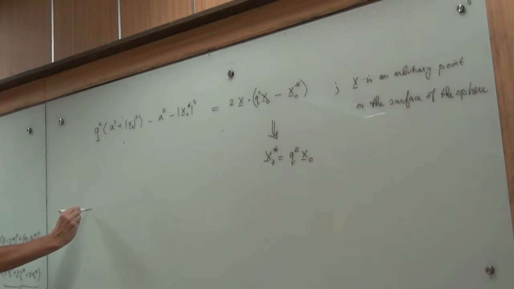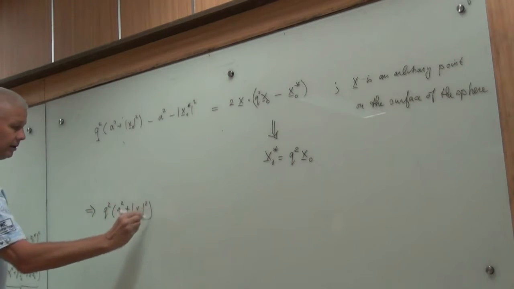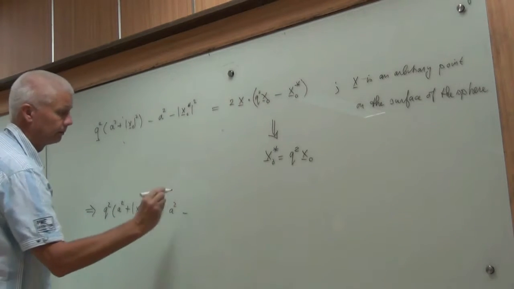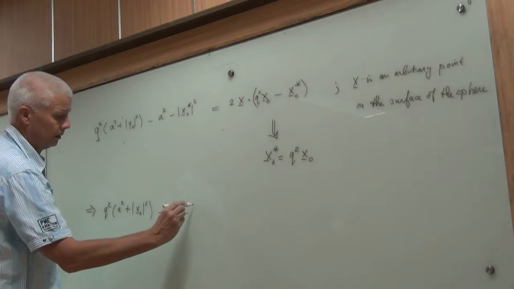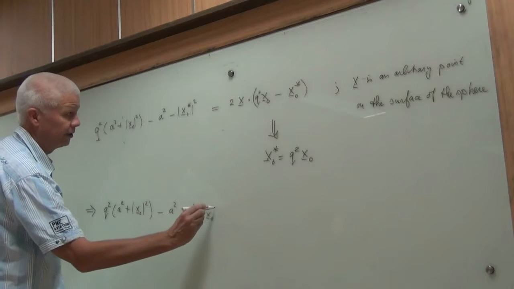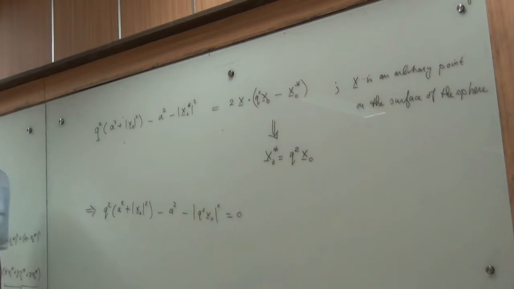Okay, but if this is 0, then of course this also should be 0. So q squared times a squared plus x0 squared minus a squared minus q squared x0 squared should be 0.